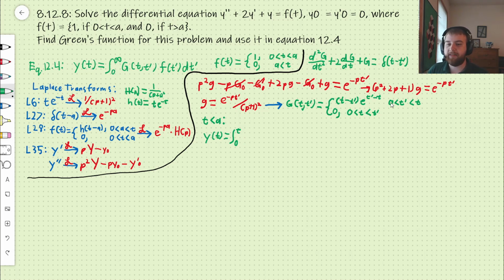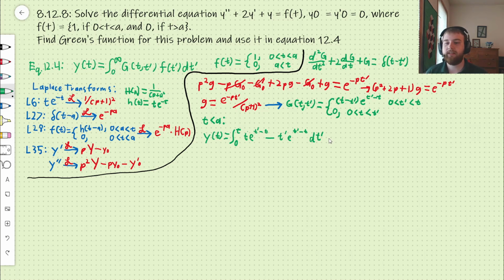I'll just go ahead and write it out first: t e to the t prime minus t, minus t prime e to the t prime minus t, dt prime. Our f of t prime is 1.